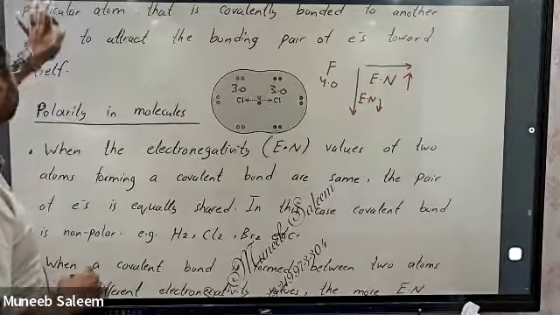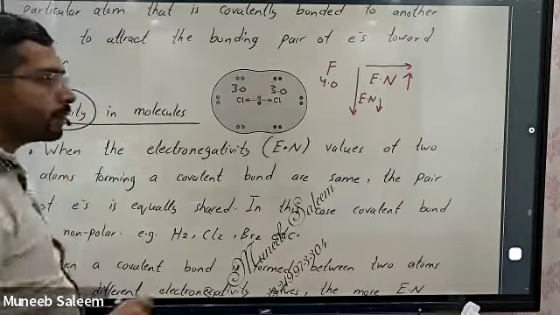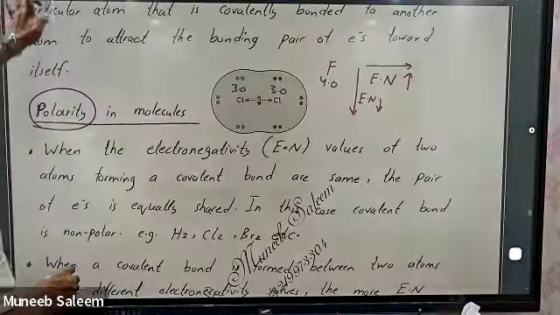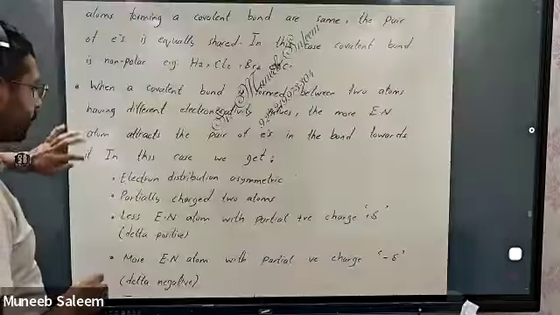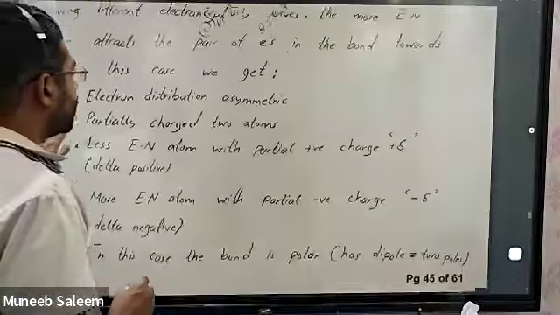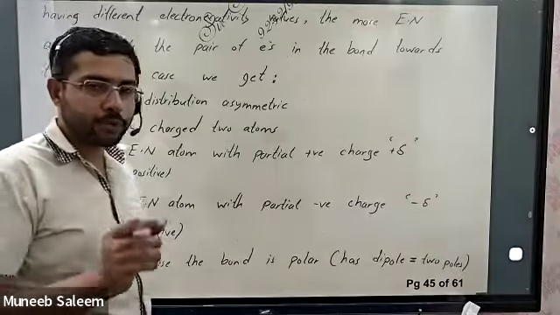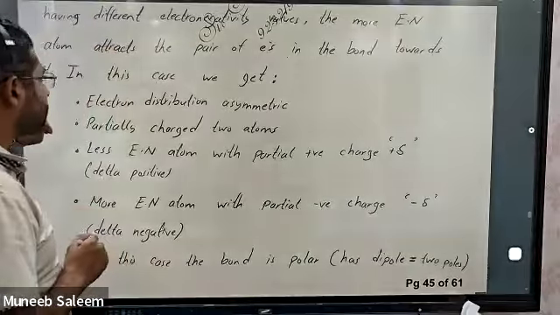The word polarity, which we know, has come from the same concept of electronegativity, which says that in such compounds in which the two elements have different values, they will have two different poles, which are called partial positive and partial negative.